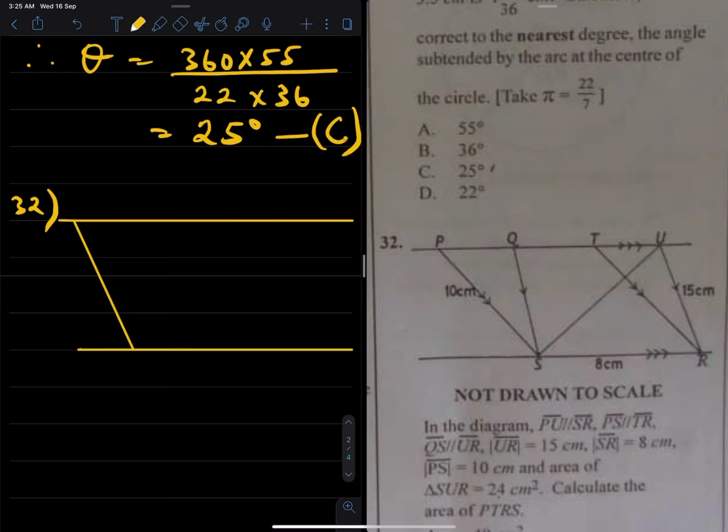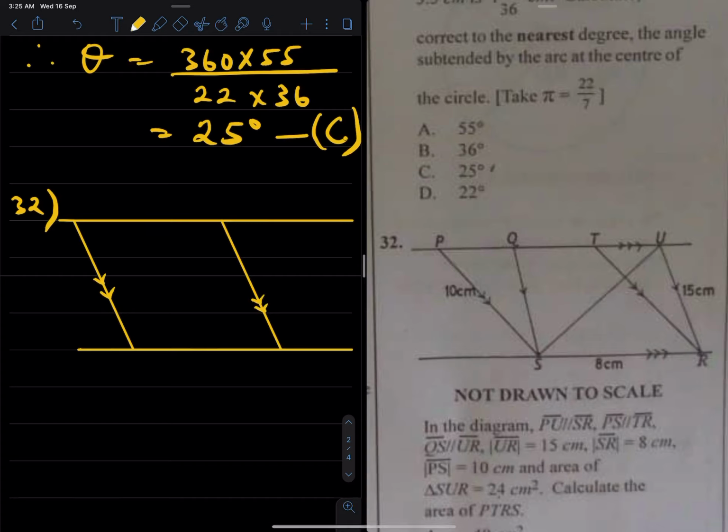There's another straight line here, and another straight line here. They're parallel to each other. This is parallel to this.